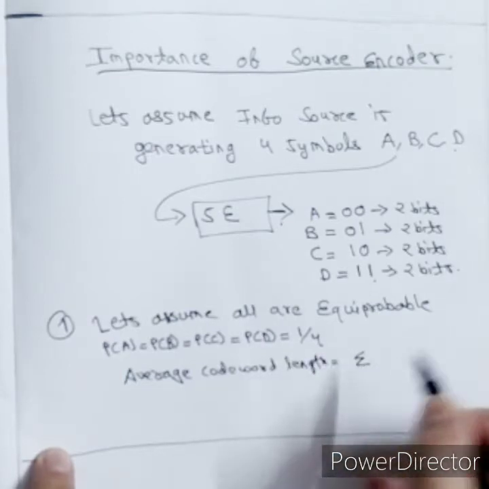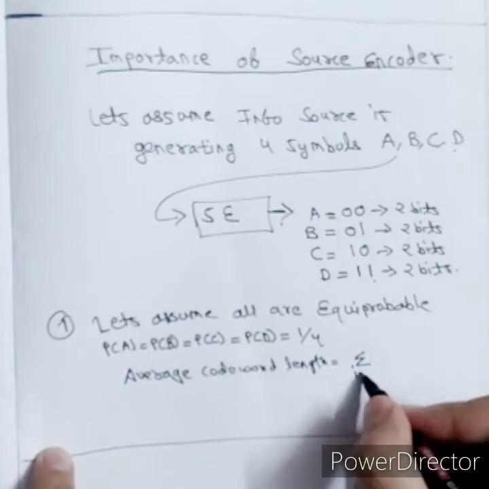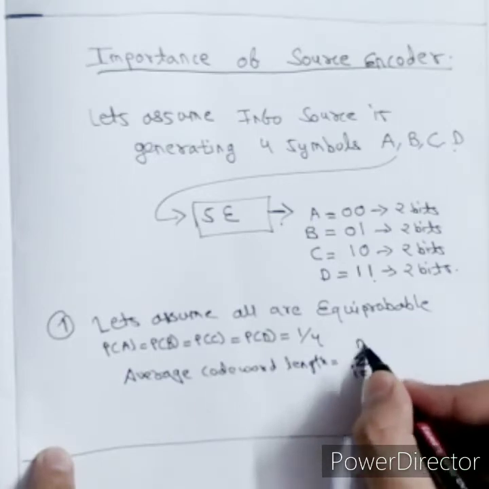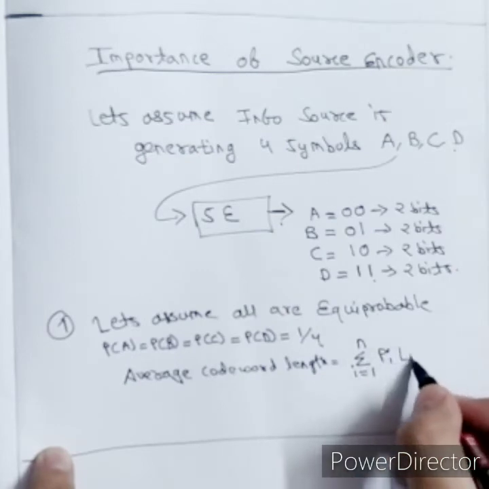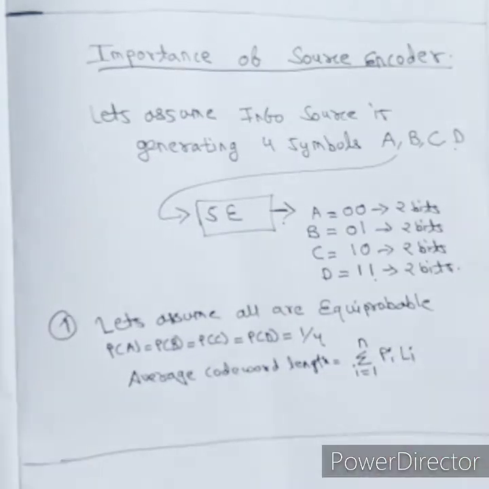It is the summation of i equal to 1 to n of p_i l_i. Here n is the number of symbols. So this is the formula.